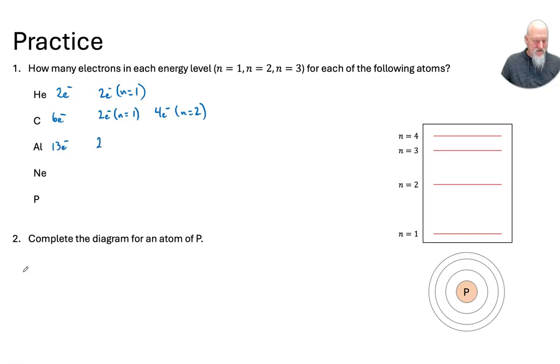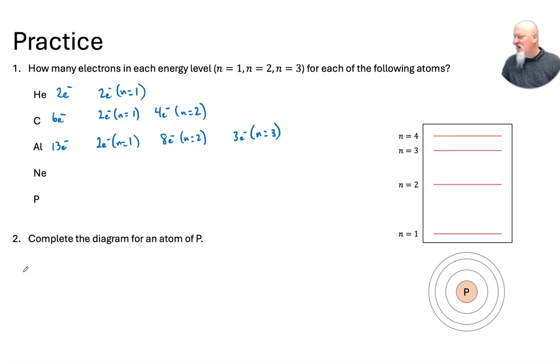So again, it has 2 electrons in the n equals 1 level. It has 8 electrons in the n equals 2 because n equals 2 can take 8 total electrons. And then there's 3 left, so that means there's 3 electrons in the n equals 3 level for aluminum.